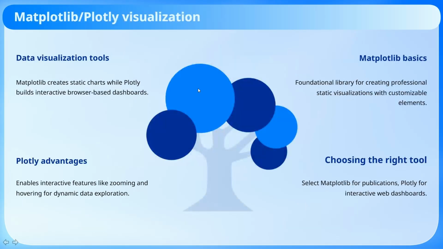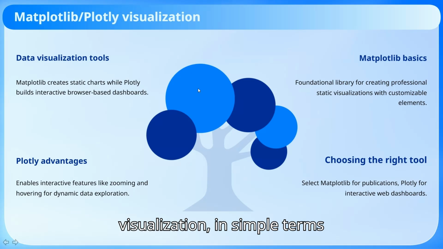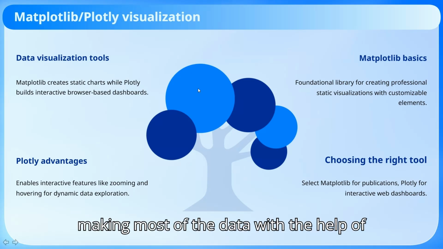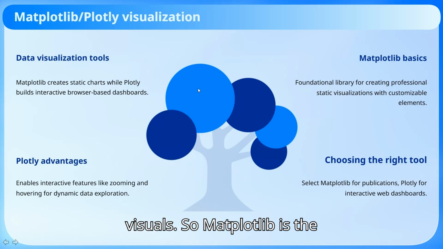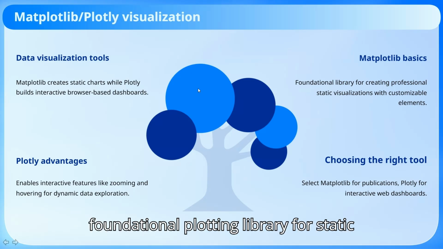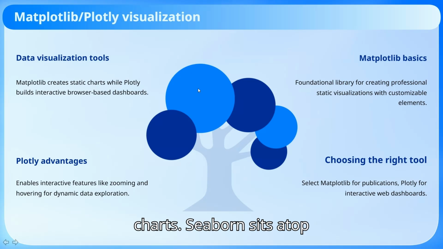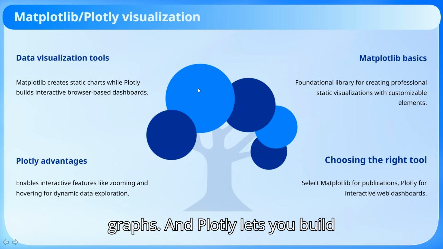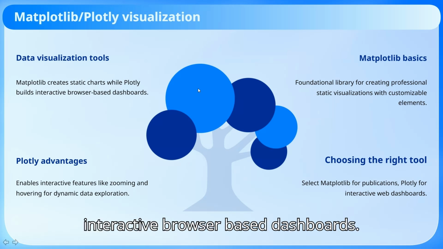Another popular operation is data visualization, in simple terms, making the most of the data with the help of visuals. Matplotlib is the foundational plotting library for static charts. Seaborn sits atop Matplotlib to simplify statistical graphs, and Plotly lets you build interactive browser-based dashboards.